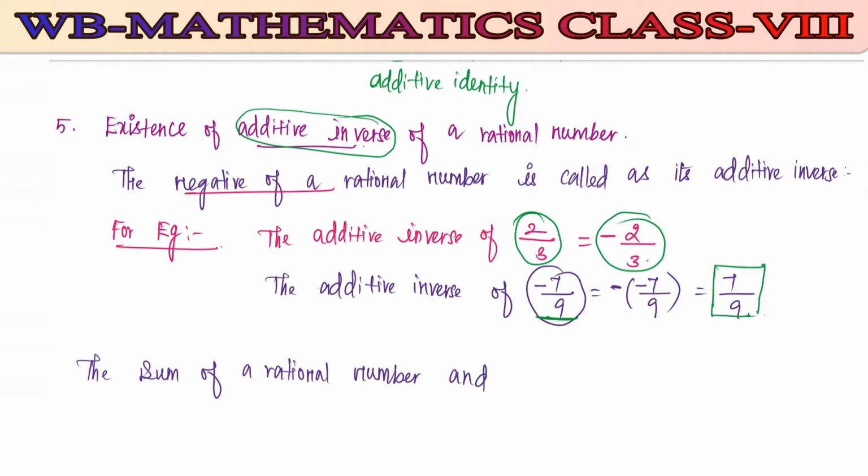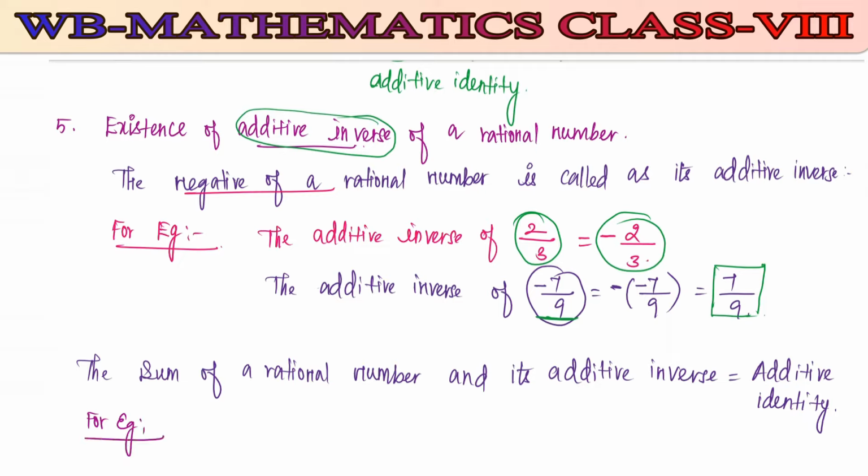and its additive inverse is equal to the additive identity. For example, I can take here 3 by 5, a rational number.